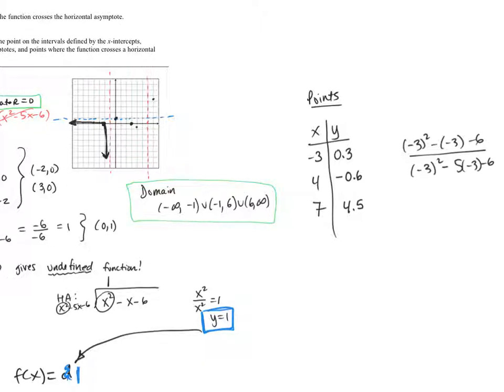All right, and then here there's only one place where the function either touches or crosses, and so based on the fact that my function has to approach positive or negative infinity as it approaches those vertical asymptotes, I can get a pretty good sense of what that graph is looking like. So there is my function.